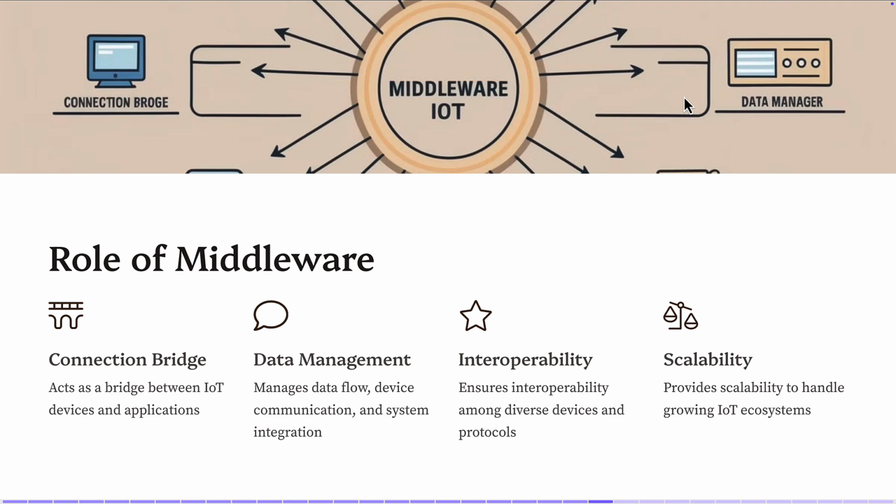Okay, and there are different type of middlewares that will allow the exchange of messages over an IoT system. Okay, to improve interoperability of the devices, to make a bridge, okay, between devices and applications, and also for better data management. Okay, they manage the data flow, the device communication, and also making much easier for system integration.